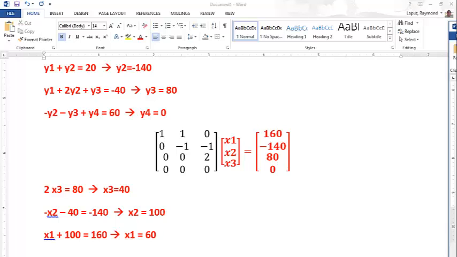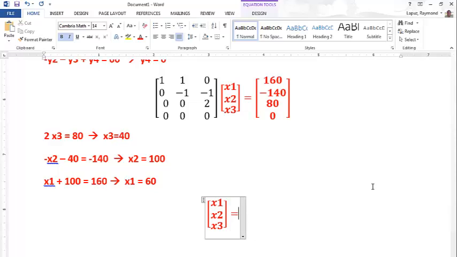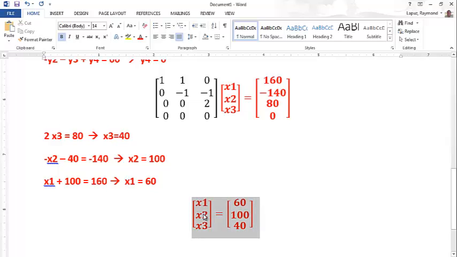And so that becomes our solution. So we can say our solution is going to equal, we went backwards this time, so the first one is down below, and then we got 100, and then we have 40, and then this is your final solution. Alright, I hope that helped.